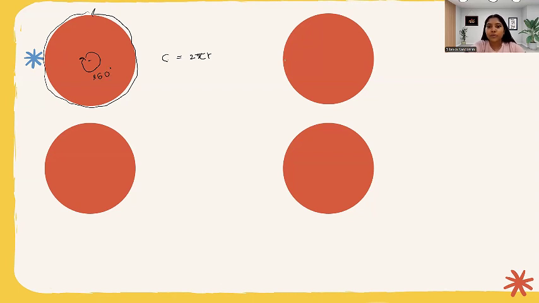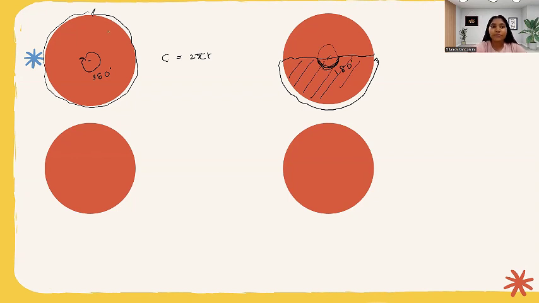And now I want to find the arc length of this semicircle, the highlighted part. Here, as you know, the entire thing is 360, so this part should be 180 degrees.